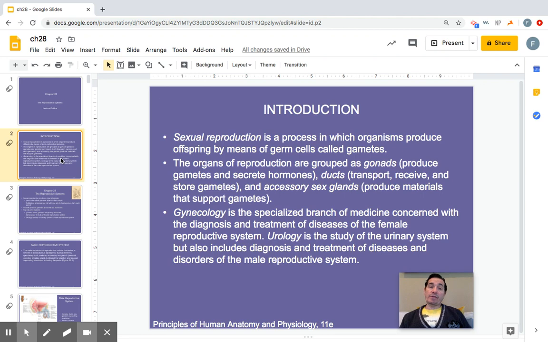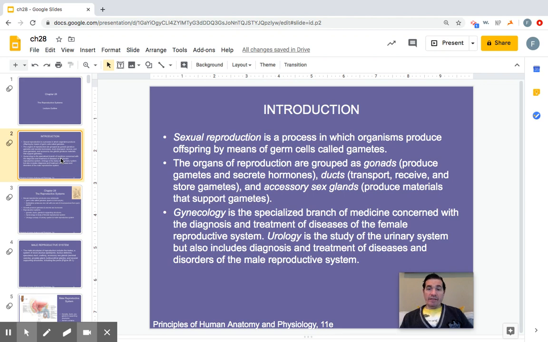Through hormonal triggers, it will cause the change to those cells to become either male or female. So when we look at it, gonads could be either testes or ovaries, but they are developed from the same structure, which is one of the reasons in humans it's very difficult to actually have a true hermaphrodite.